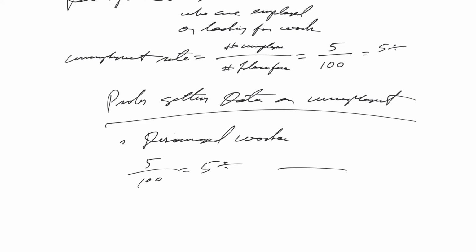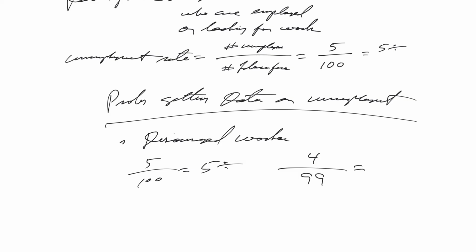Well, Joe is no longer part of the labor force. Therefore, he's not unemployed. So, Joe drops out of the labor force, so the labor force goes from 100 down to 99. He's not unemployed anymore, so there's only 4 unemployed now. So what does that do to the unemployment rate?